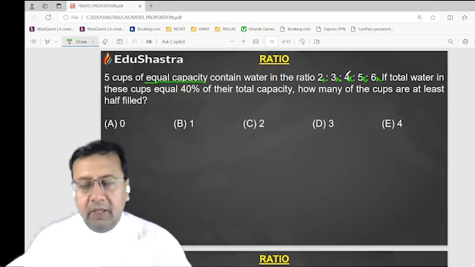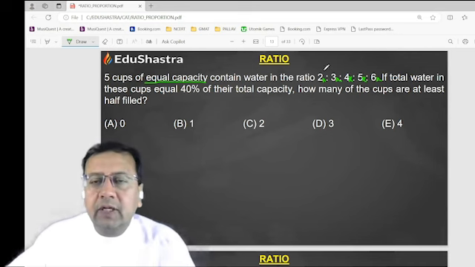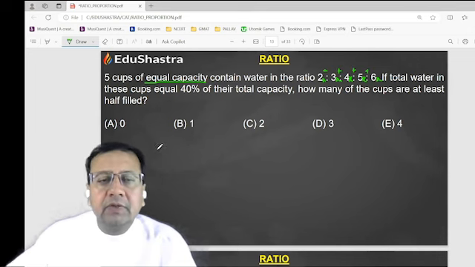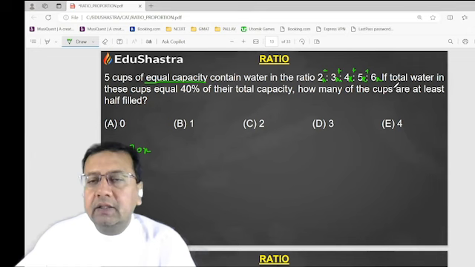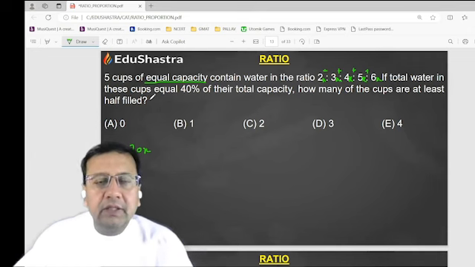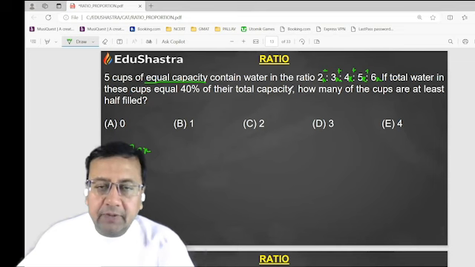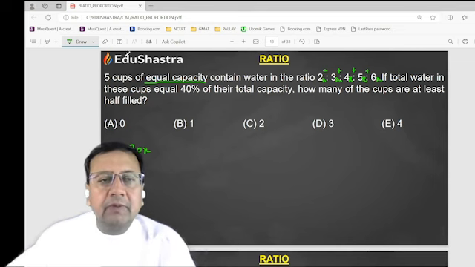So if I combine all these 5 cups, adding all these figures, this total is coming out to be how much? 20x, right? And this is the total water in these cups. So 20x is equal to 40% of their total capacity.